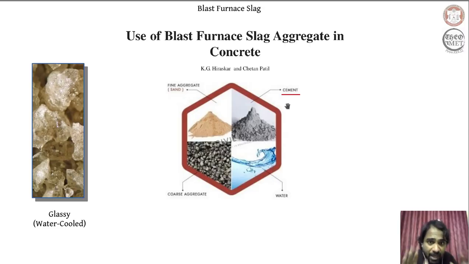So now if I have a way to reduce the cement consumption, what we have essentially done is we have found a way to reduce the production of cement, thereby making the construction process environmental friendly. So that is essentially what using the amorphous or glassy blast furnace slag does.